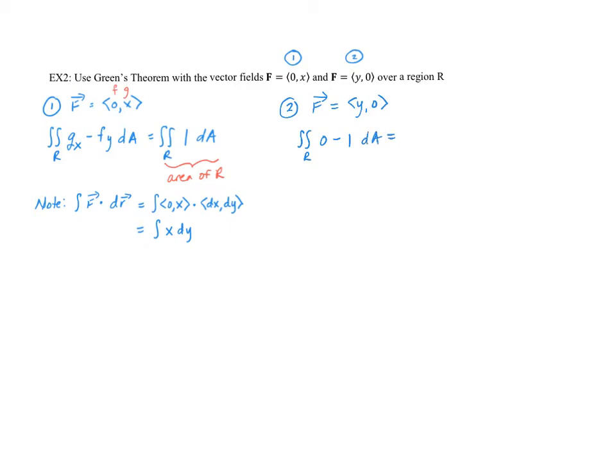So this becomes negative 1 in my integrand. I'm going to pull the negative out. So again, it doesn't matter what region I'm looking at. If it's over this particular vector field, then this is going to be equal to the negative of the area of R.